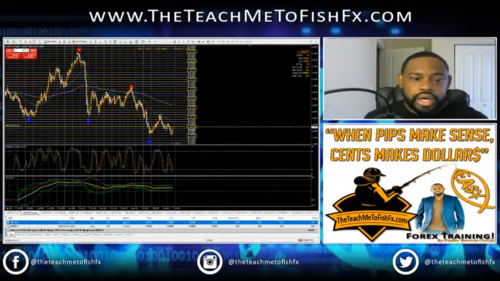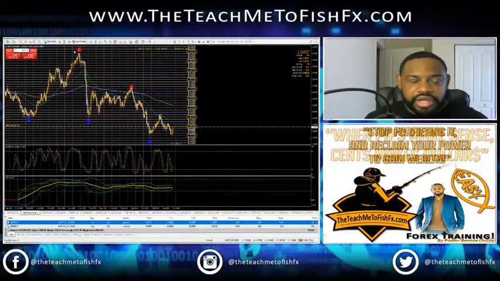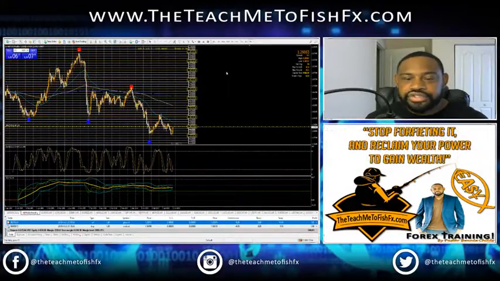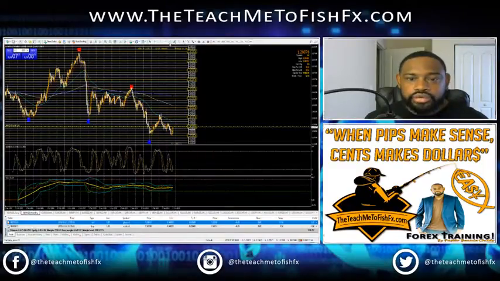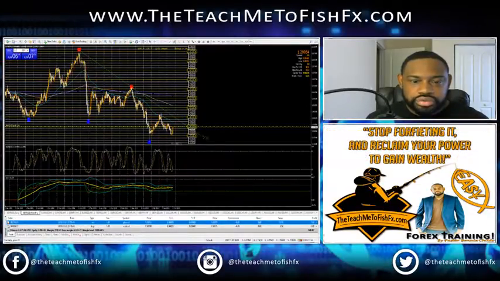All right, we'll see that this pair is most certainly in a downtrend. And how do we know that? You can come here and look at the highest point and run the trend line through it. Hopefully you guys can see that.